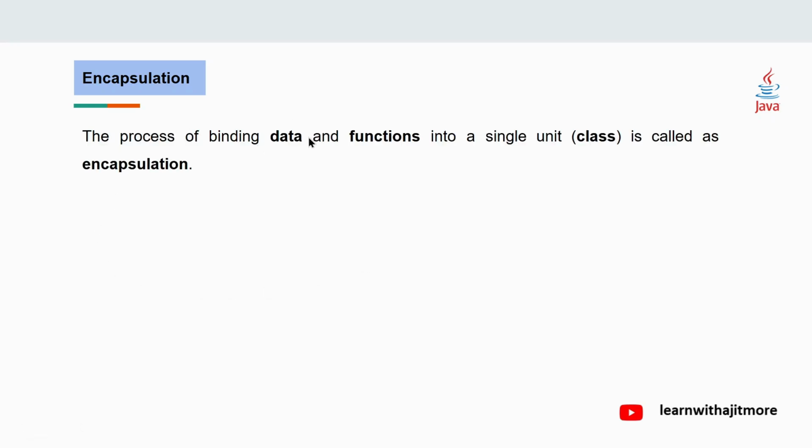See, the process of binding data and functions into a single unit, that is a class, is called encapsulation, and it is a standard definition. You take any standard book of Java, like Complete Reference by Herbert Schildt, or a very basic exam book like YP Kanetkar's Let Us Java or Balagurusamy.